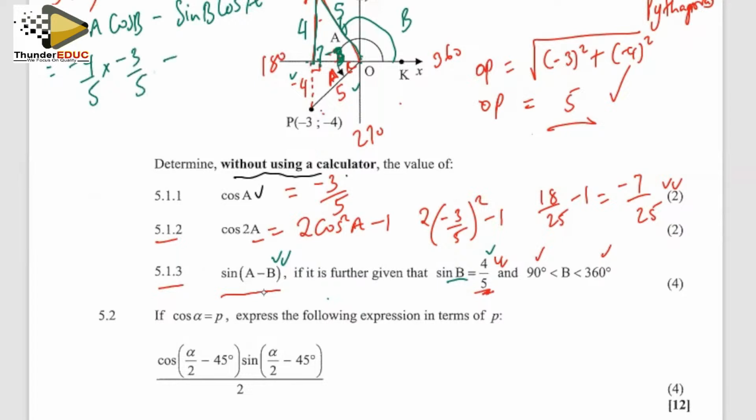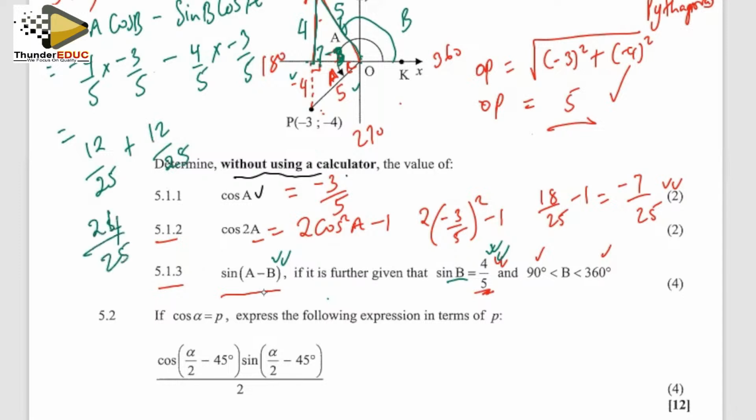Now we are subtracting the sine of B, which we have as 4 over 5 already, and then the cos of A, which we calculated as -3 over 5. Simplifying, that's 12 over 25, and the negative becomes a plus, so 12 over 25 again. So 12 over 25 plus 12 over 25 gives us 24 over 25.